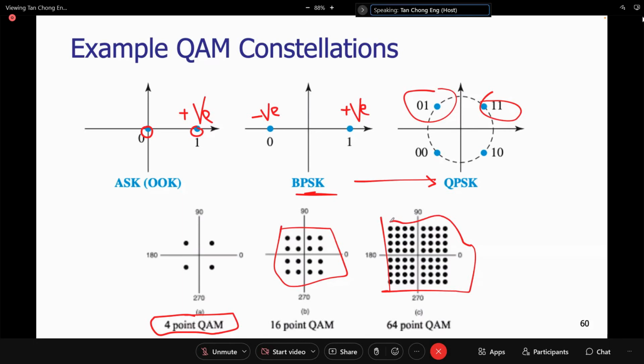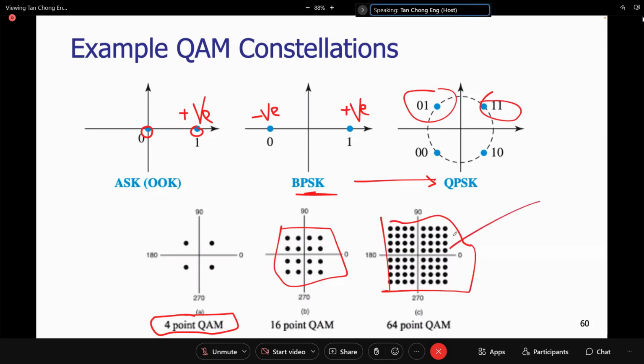Is it good? Of course, good. You see, if you can compress from 1 bit to 2 bits, then your bandwidth increases double. If you can compress 3 bits into 1 bit location, then your data rate from 1 megabit can be upgraded to 3 megabit, 1 to 3, just like that. So now we can see this one.